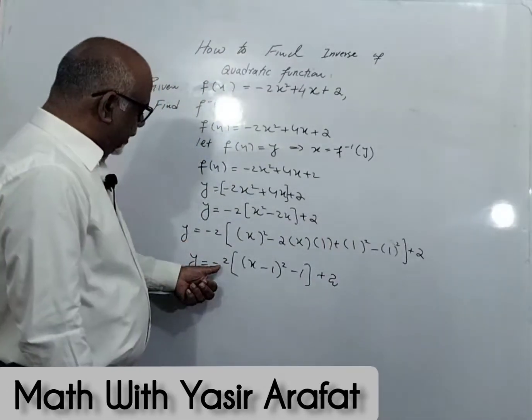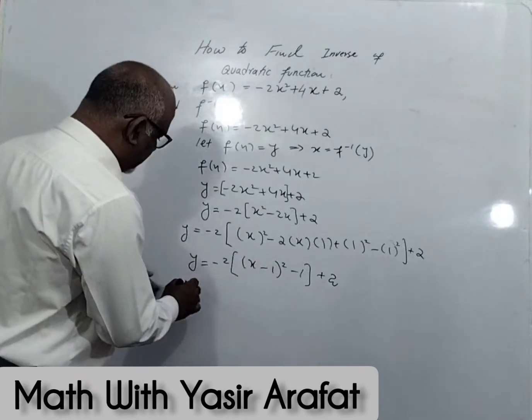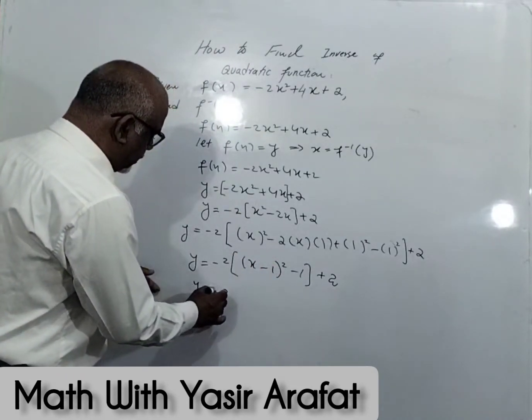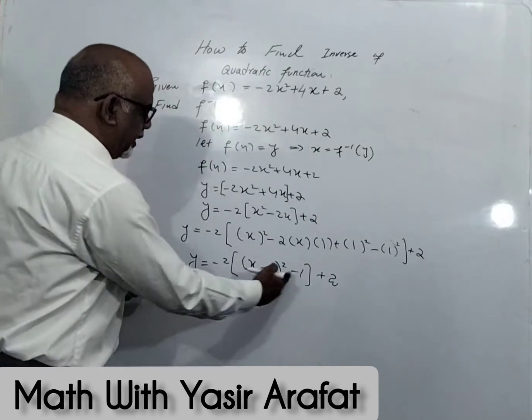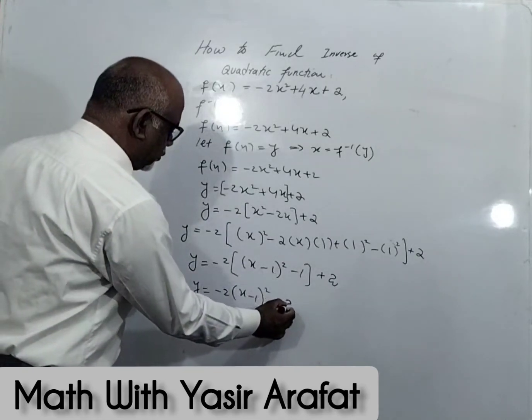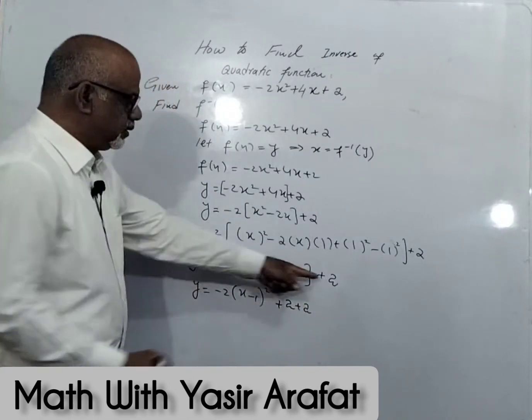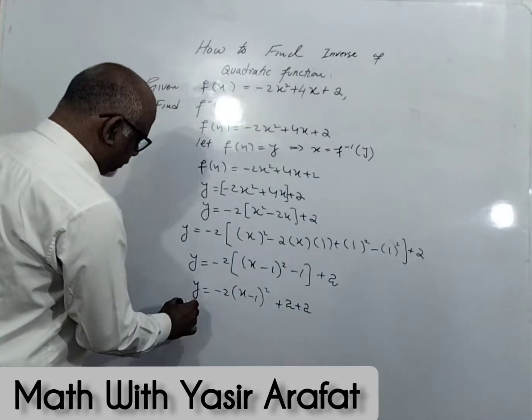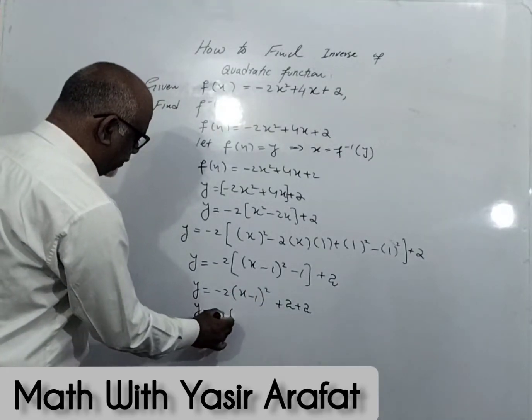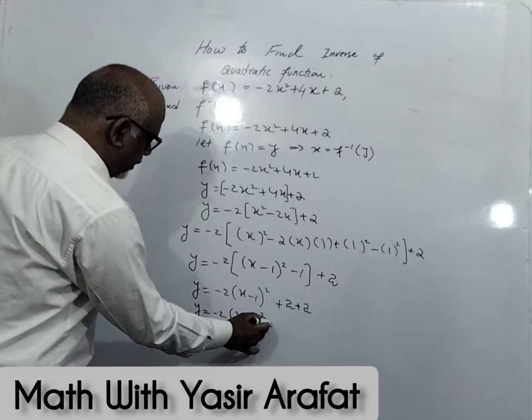Now we multiply this minus 2 with the whole bracket. So this is minus 2 times x minus 1 to the whole square, minus minus plus 2 ones are 2, and this is plus 2. Now this is minus 2 times x minus 1 whole square plus 4.